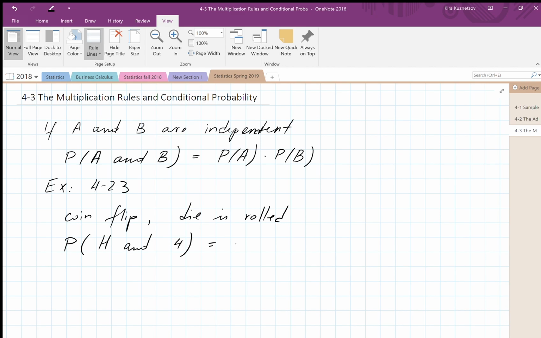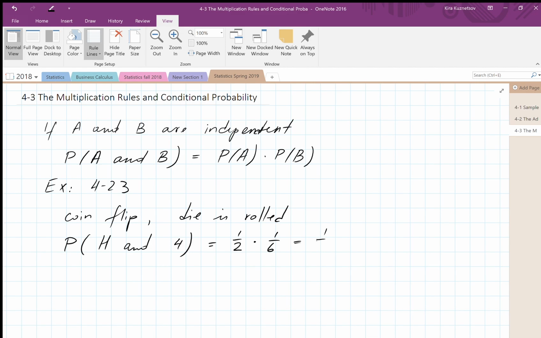So the probability of getting heads is 1/2, and the probability of getting a 4 is 1 out of 6. So if I need both events to happen simultaneously, I will multiply. I need the 1/2 and I need the 1/6. The word and always will refer to a multiplication sign.